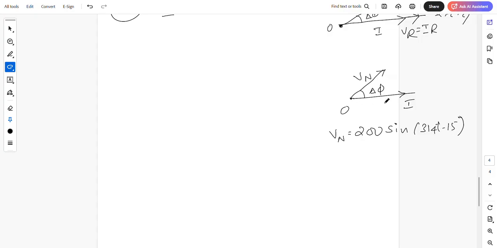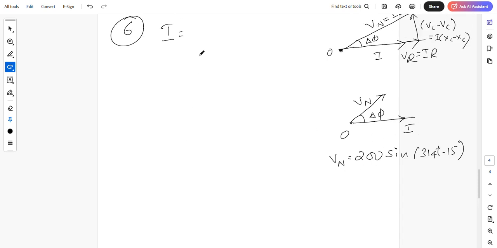Now, I is lagging by an angle delta phi. Therefore, what is the equation of this one? V is equal to V naught sine of omega t minus phi. This is okay. Now, I will be equal to I naught sine of omega t minus phi, same as this one. But it is lagging by an angle delta phi.